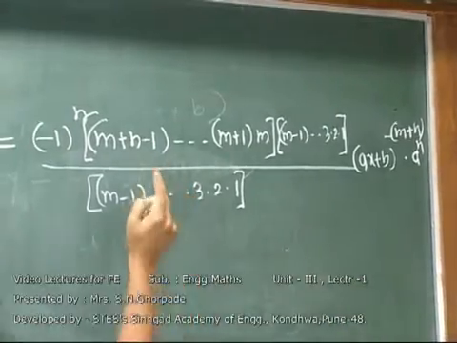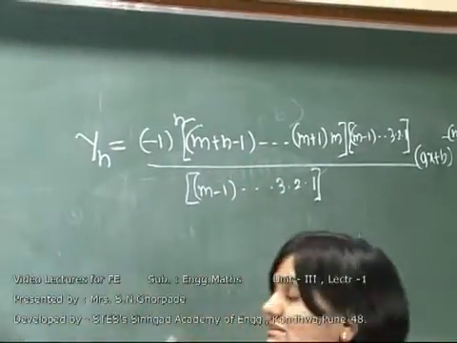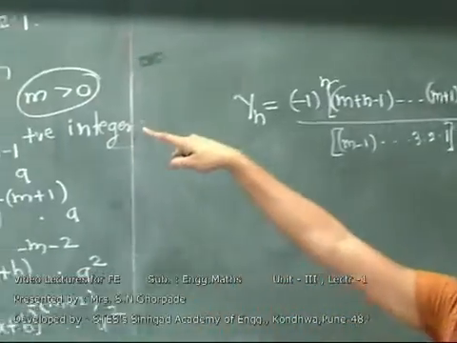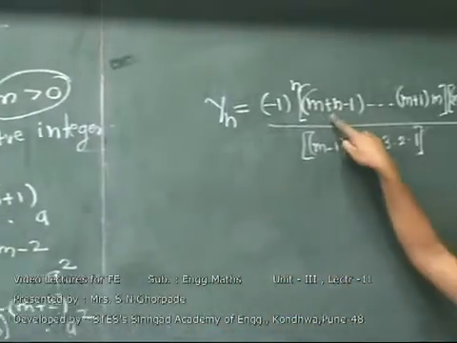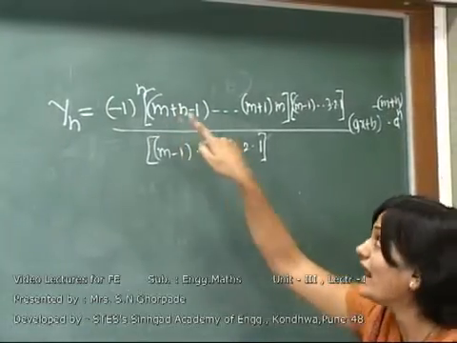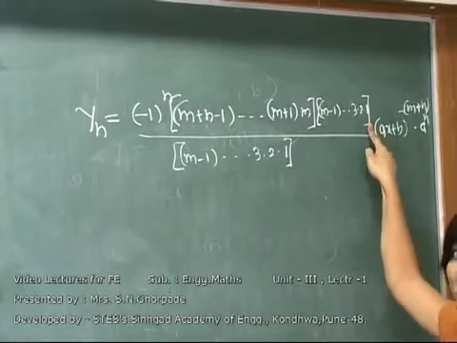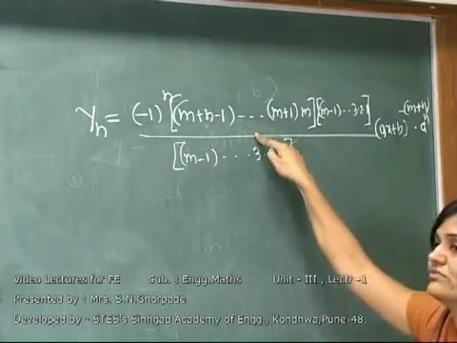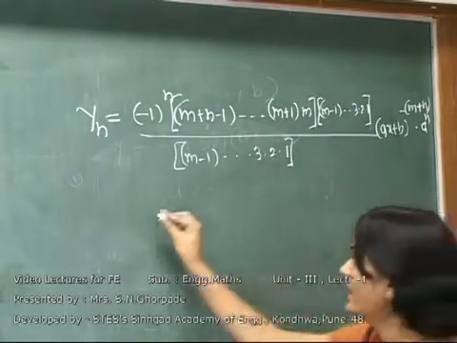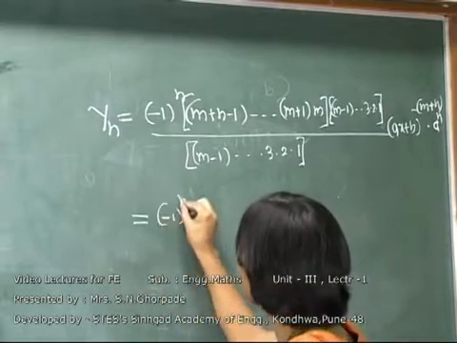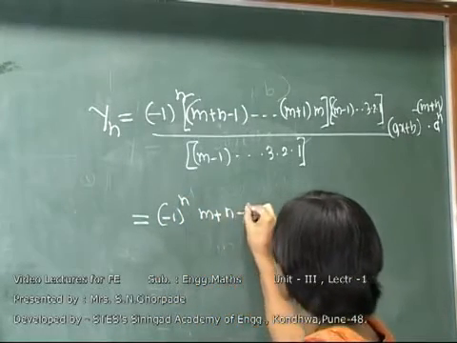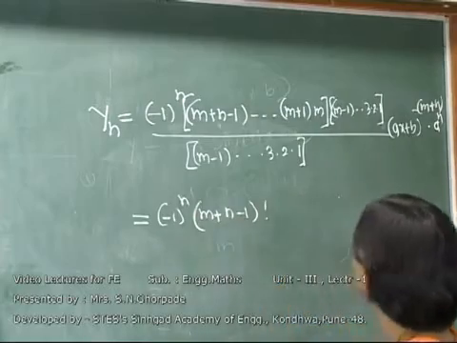Compare these two. When n is decreased up to 1, what do we call it? N factorial. In this case, we are reducing m plus n minus 1 up to 1, and hence we can call it m plus n minus 1 factorial.